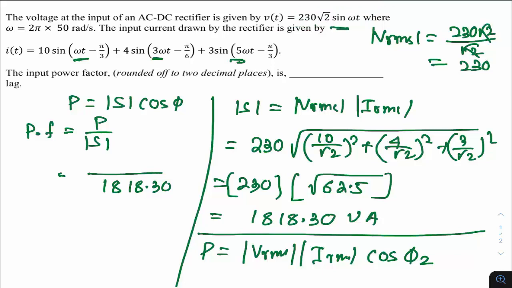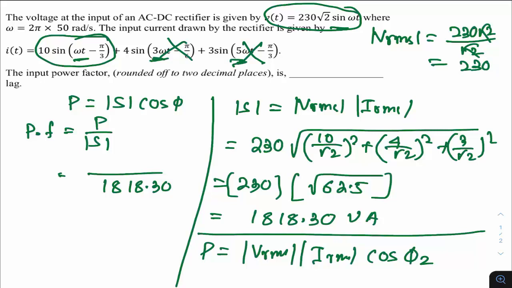So while computing the average power, only the matching frequency term will contribute, and the other components are irrelevant. In other words, if the voltage had the terms of 3 omega and 5 omega, they would have contributed too. But because the voltage has a single frequency, that is omega, only the corresponding frequency of current comes into the picture.